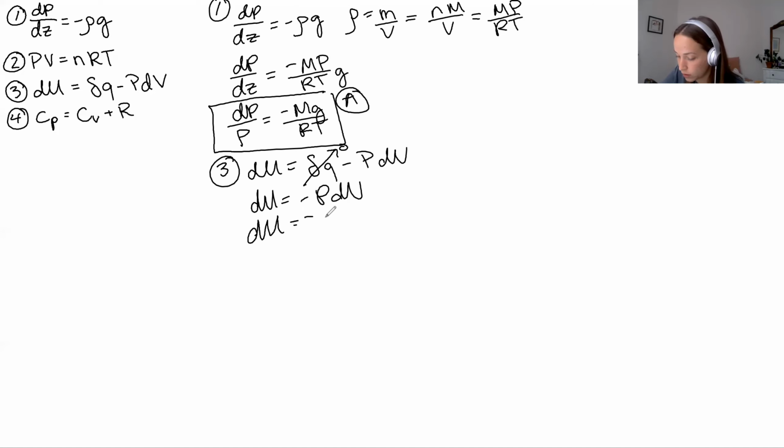So we'll have negative RT over V times dV. And we also need to note that the change in energy for an ideal gas is the specific heat at constant volume times the change in temperature. So we can turn that dU into CV dT, since we're working with 1 mole of an ideal gas.